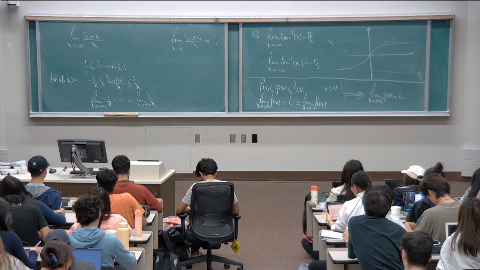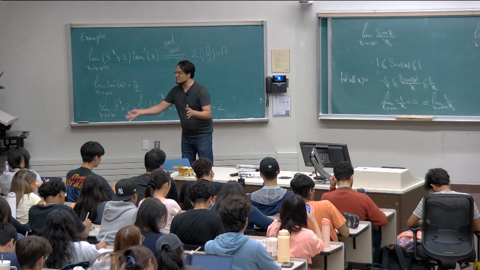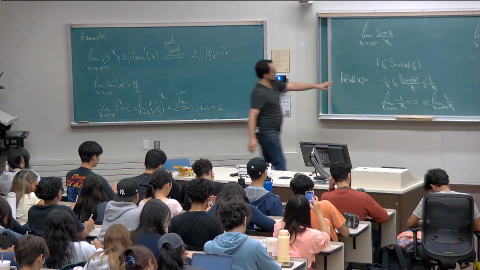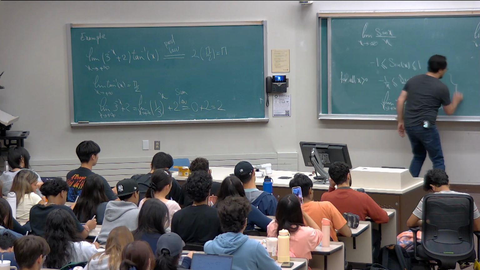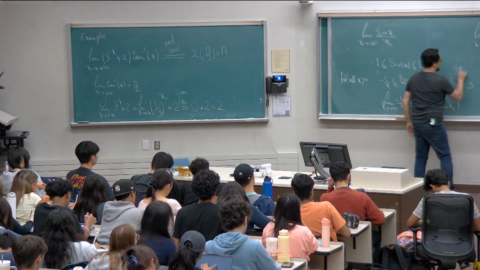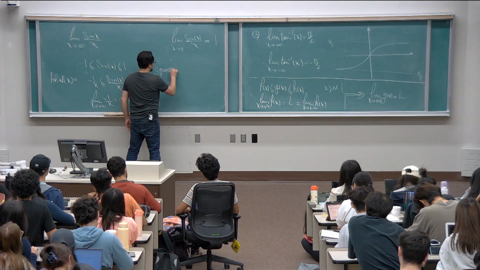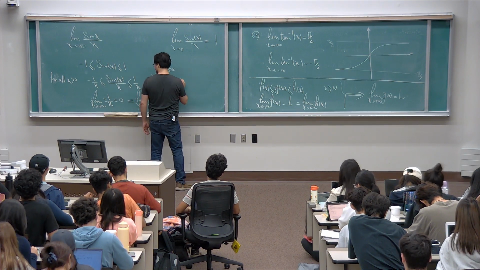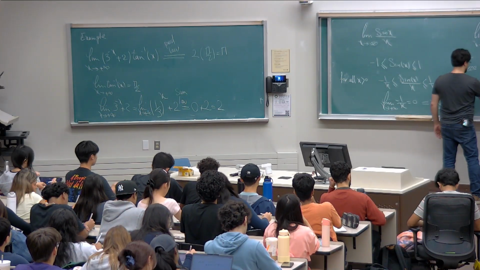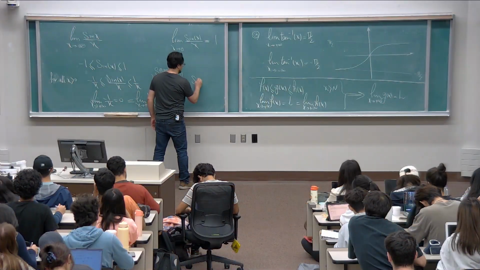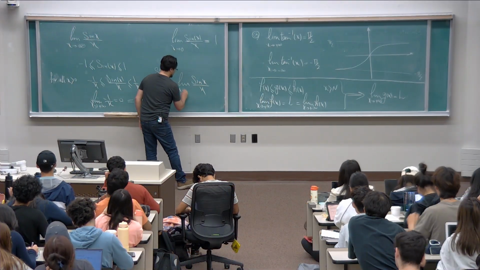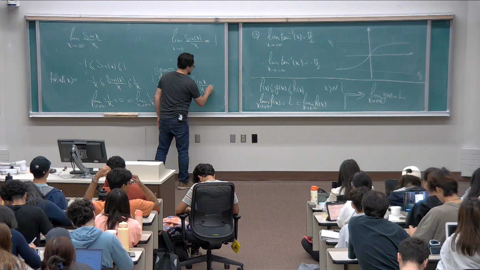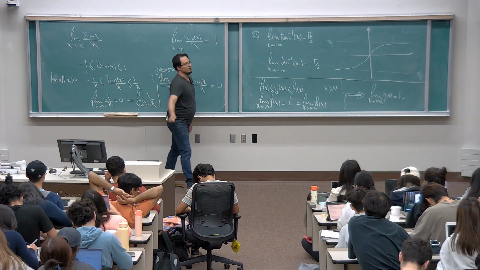So the function for all x's bigger than 0 is between these two functions. The upper one and the lower one have the same limit. That means the squeeze theorem can be applied, and we get that the limit of the middle one as x approaches plus infinity is equal to 0.